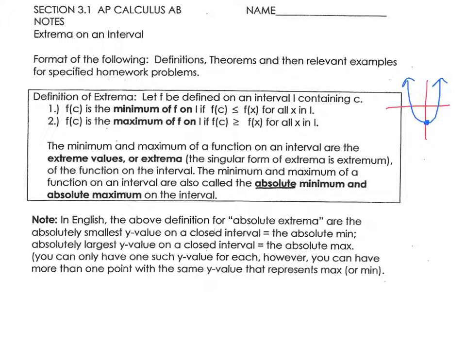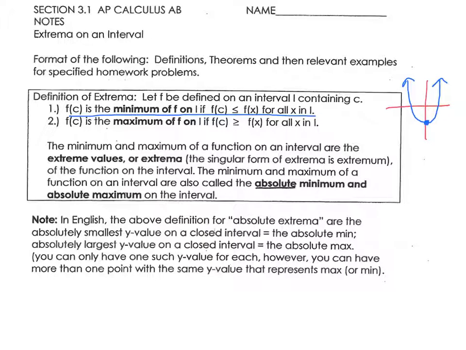So we call something a minimum value if that y value is less than any other y value on the function. Which makes sense because its y value could maybe be, I don't know, -2, and all the other y values of that function are above it.